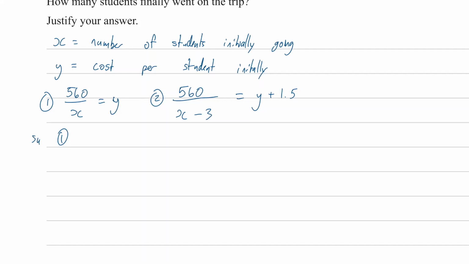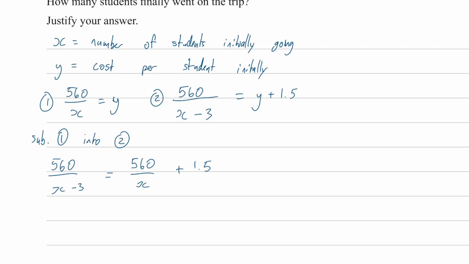So substitute 1 into 2. So we get 560 over x minus 3 equals y, where y is 560 divided by x plus 1.5. Great. And now our task from here is to simplify this to a quadratic equation, solve for x, and then we can subtract 3 from that to get the number of students who went.